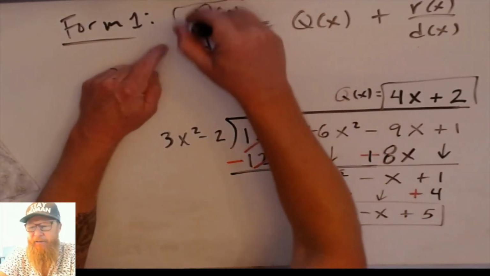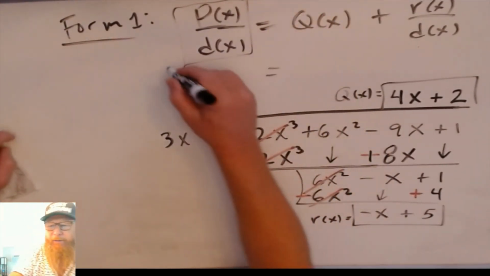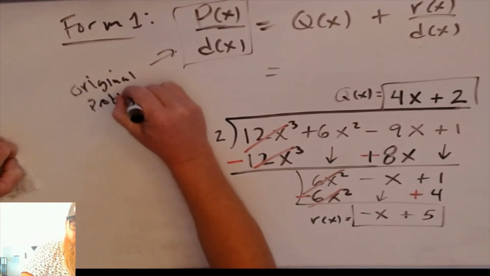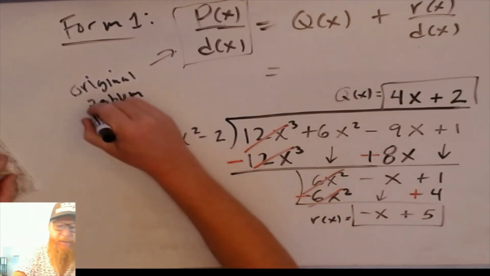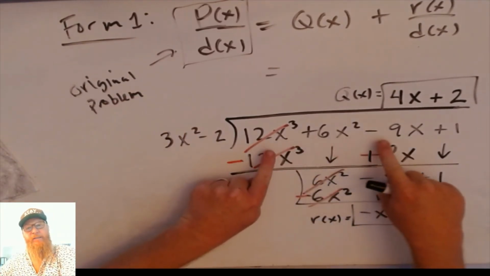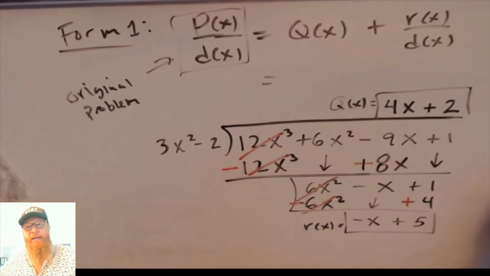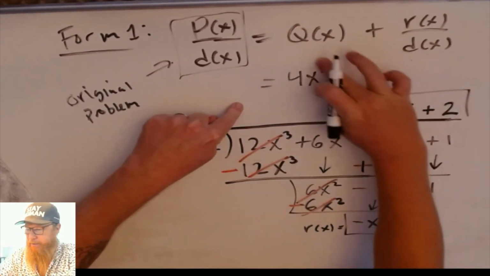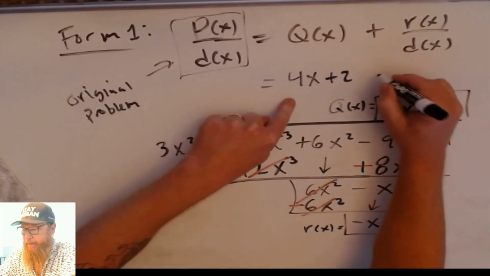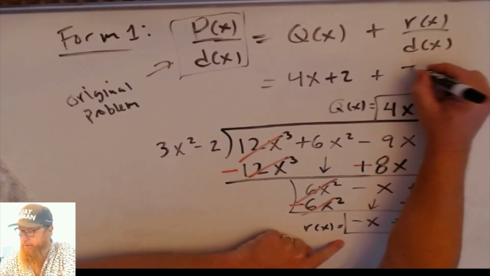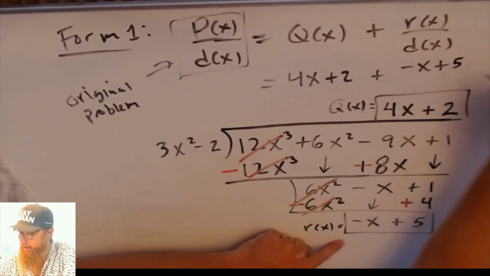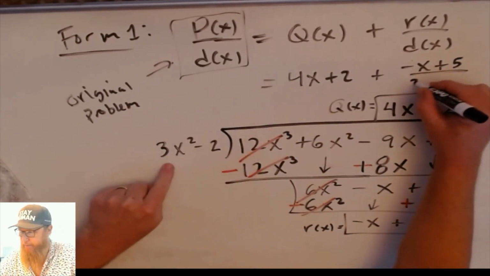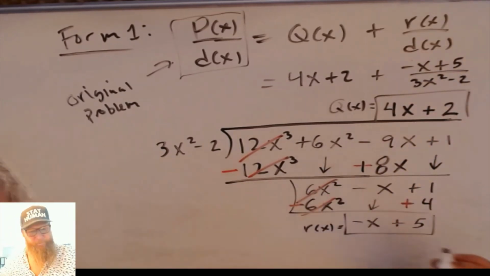P of x over d of x is just the original problem. So that's 12x cubed plus 6x squared, that's your p. And then our q is 4x plus 2 plus r, which is negative x plus 5 over the divisor 3x squared minus 2.